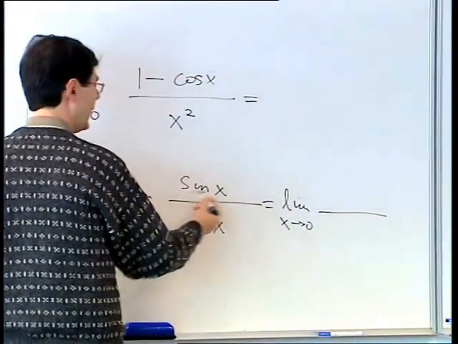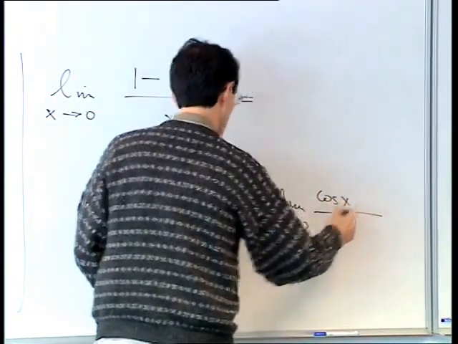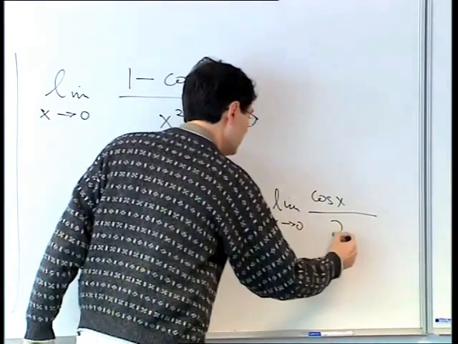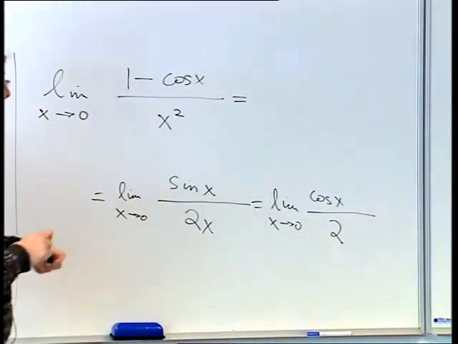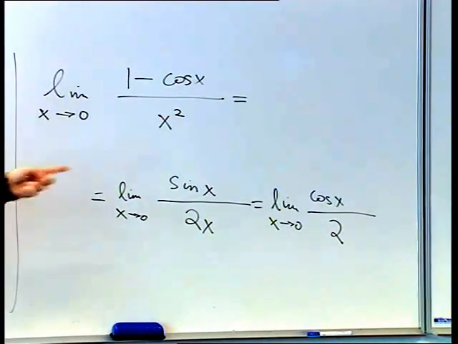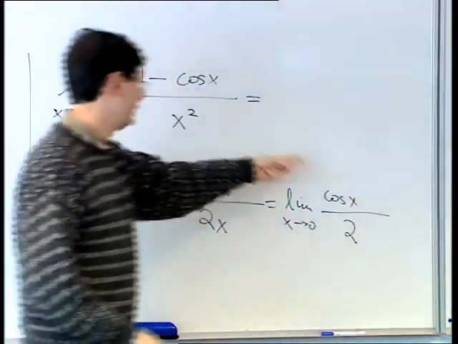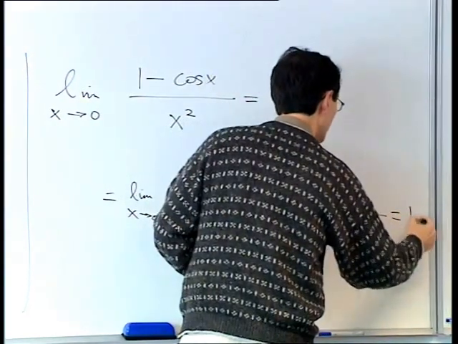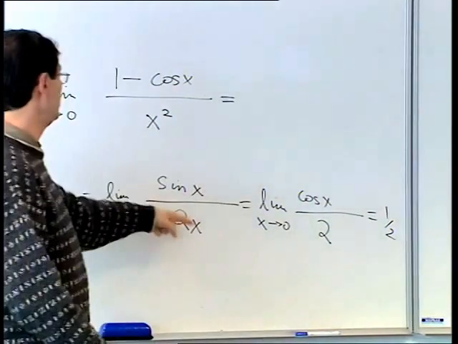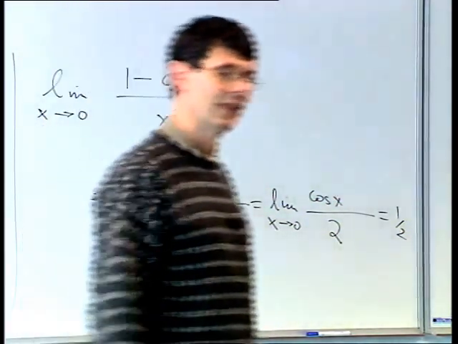The derivative of sine x is cosine x. The derivative of 2x is 2. You're not dividing by 0 anymore. When you replace x by 0, cosine 0 is 1. 1 divided by 2 is a half. So a half is this limit, it's that limit, it's that limit. Hey, it's working.